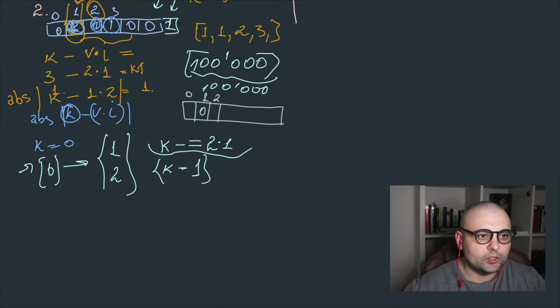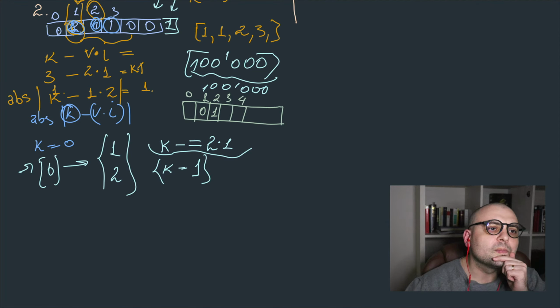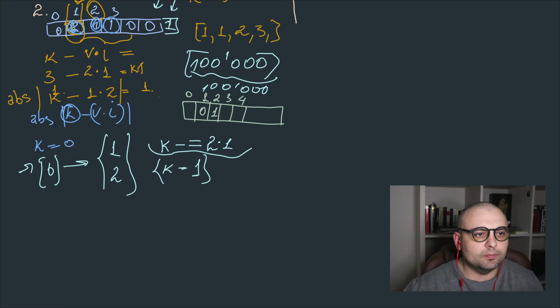Next one will be 2, which will be 1, 3, and 4s. So this became 0. But k is not yet empty, so we need to go next item.